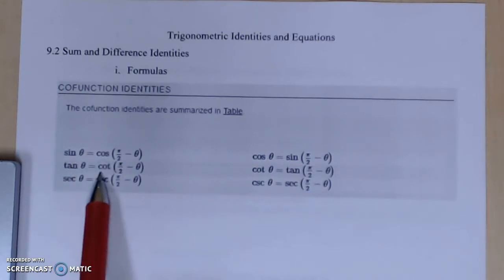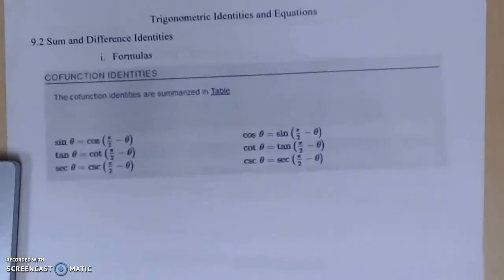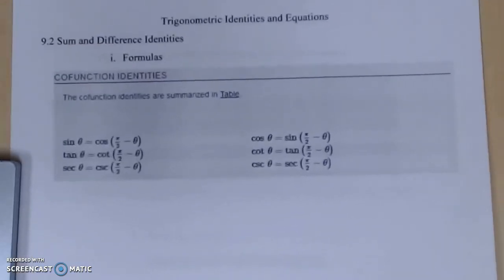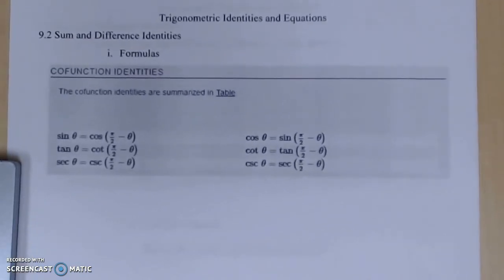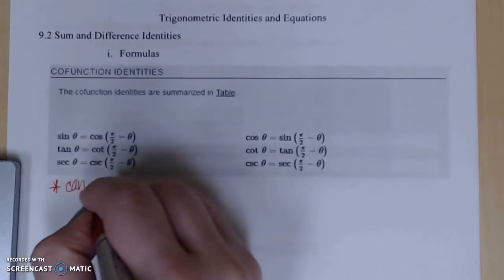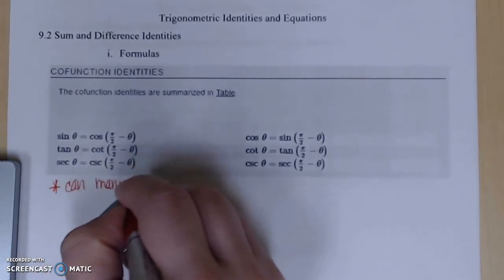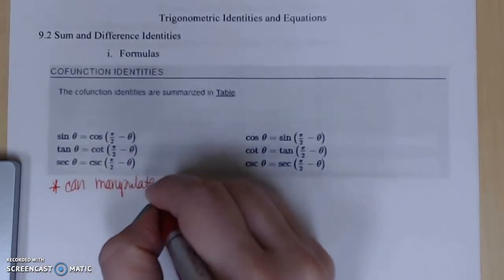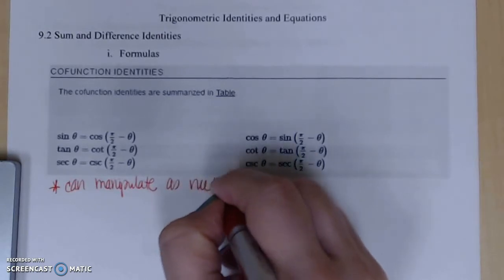You can see there's tangent, cotangent, secant, cosecant. You can see that we've reversed them over and looked at the cosine and the sine, and it all goes back to those complementary angles and the right angles. Now the good news with this is that you can manipulate, make a little side note here, as needed.